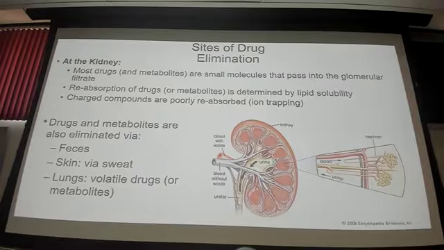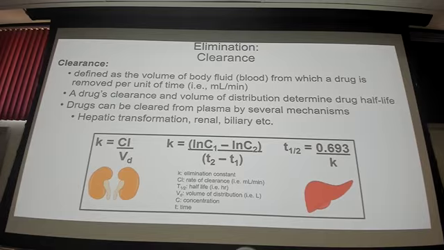In terms of drug elimination, the kidney is the primary organ of drug removal, in addition to the lungs, the feces, and even the skin. Drug clearance is the measure of the removal of a drug from the plasma per given time, and clearance and volume of distribution of a drug determine a drug's half-life.